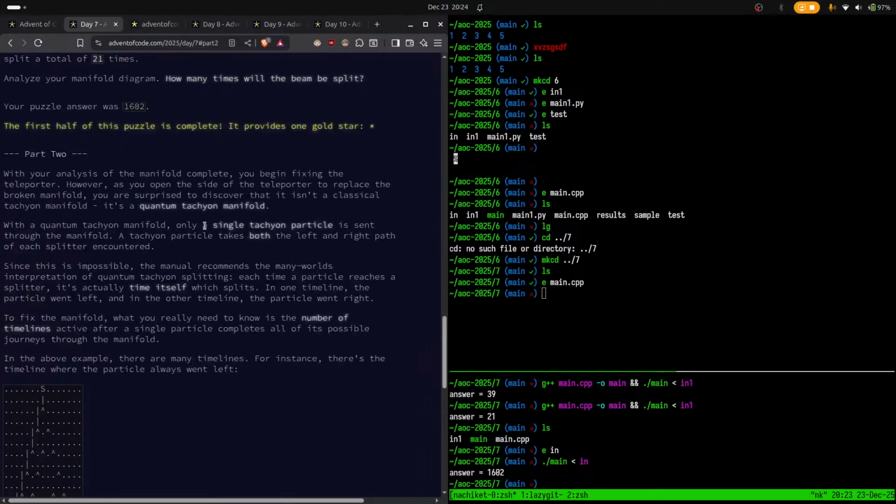Also the definition of timeline, and the particle takes a split. Since this is impossible, the manual recommends time itself.